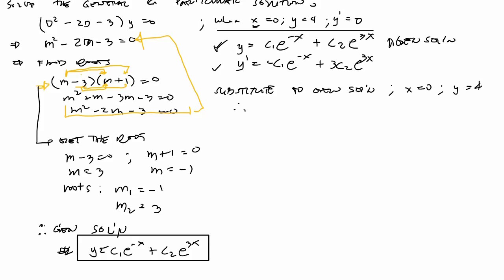So therefore, we have 4 is equal to C1 e to the negative 0 plus C2 e to the 3 times 0. We have e raised to 0 is just 1, and 3 times 0 is 0, so e raised to 0 is also 1, right? So simply we have 4 is equal to C1 plus C2.